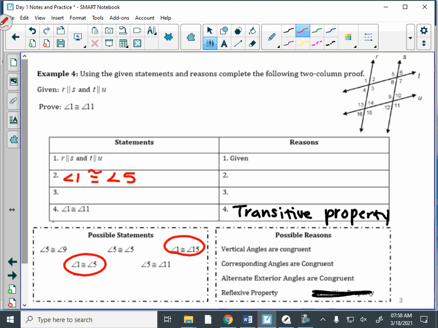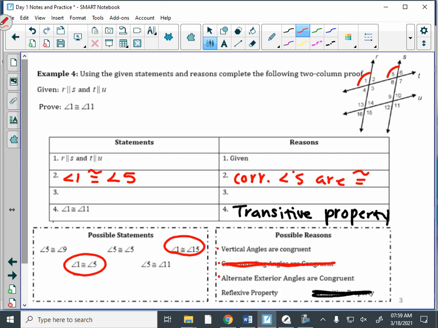Look at your diagram. Here's angle 1. Here's angle 5. What type of angles are 1 and 5? Corresponding. Again, you can go through your list and guess and check. See if they're vertical, see if they're corresponding, see if they're alternate exterior, see which one fits those angles the best, and it's corresponding.